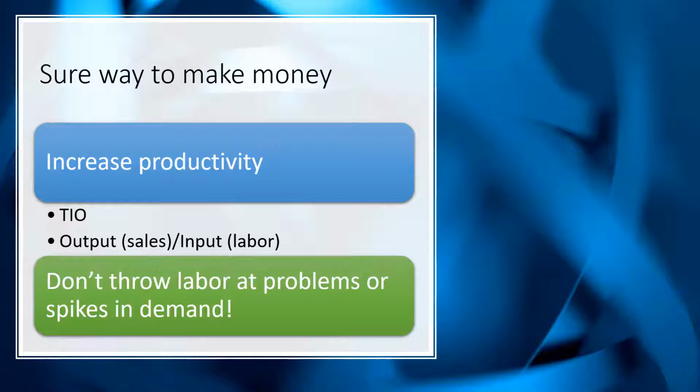One of my favorite metrics to use too is the concept of TIO, where T is throughput, I is inventory, and O is operational expense. Inventory is the money that you've invested in materials that your customers will eventually give you money for. Operational expense is the money that you've invested in labor and lights and equipment and machines and all that stuff.